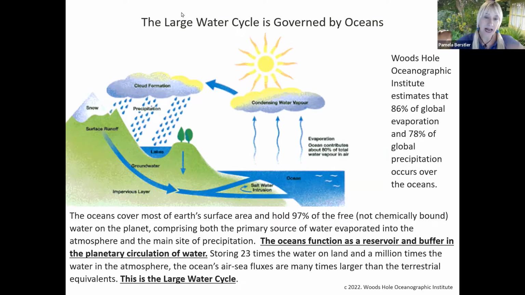What is going on is, as more of the sensible heat is being reflected up into the atmosphere, we're actually getting a more radicalized large water cycle because the oceans are heating up, and this is affecting the amount of water in the atmosphere, and it's also affecting the currents, and a lot of stuff is happening in this oceanic water cycle, which is really the big water cycle for the planet. And the oceans are basically this big buffer of water to circulate water throughout the earth.